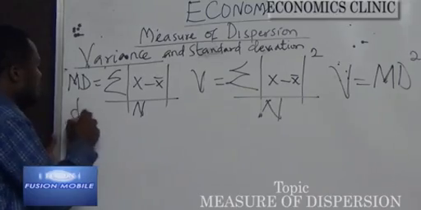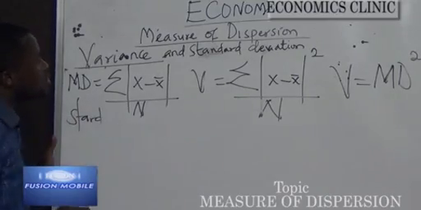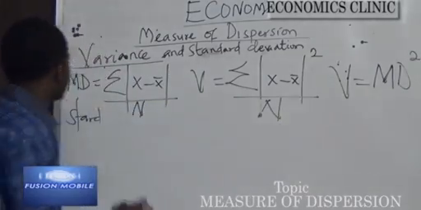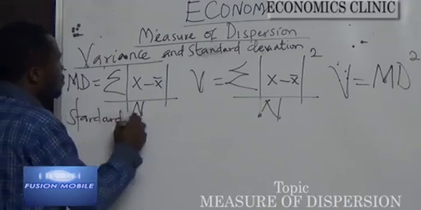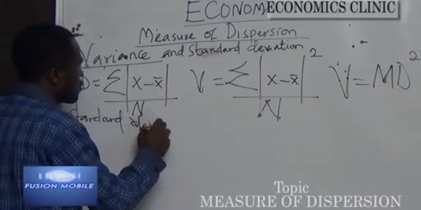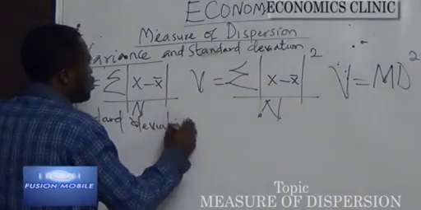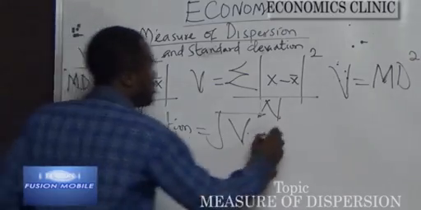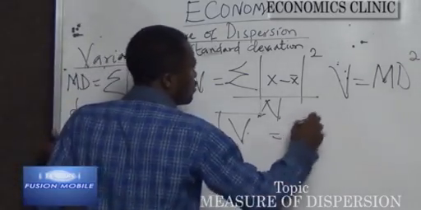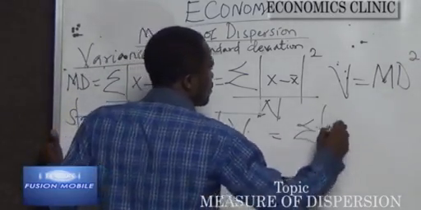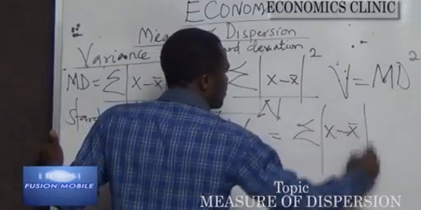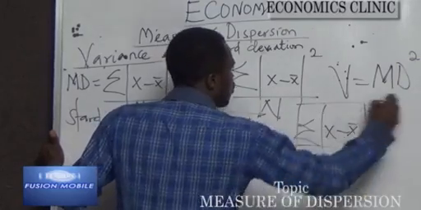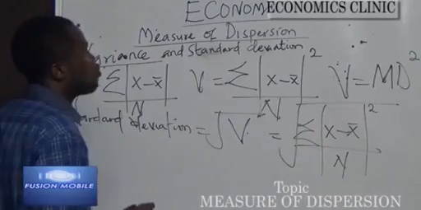Standard deviation is the square root of variance. So we have standard deviation to be the square root of variance, which can be written as summation x minus x bar raised to power 2, divided by n, in the case of an ungrouped data.